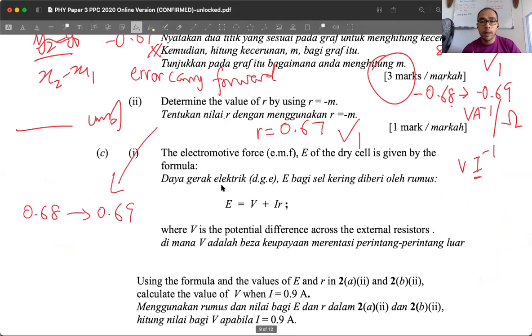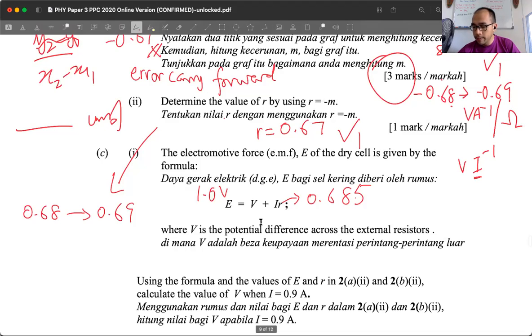Okay. All right. Electromotive force is given by this one, E equals to V plus IR. Using the values of E and R, okay, E, you have found it to be 1.0 volts. And this small r, let's say I use 0.68, because that's my standard one. Many people got 0.685, also can.